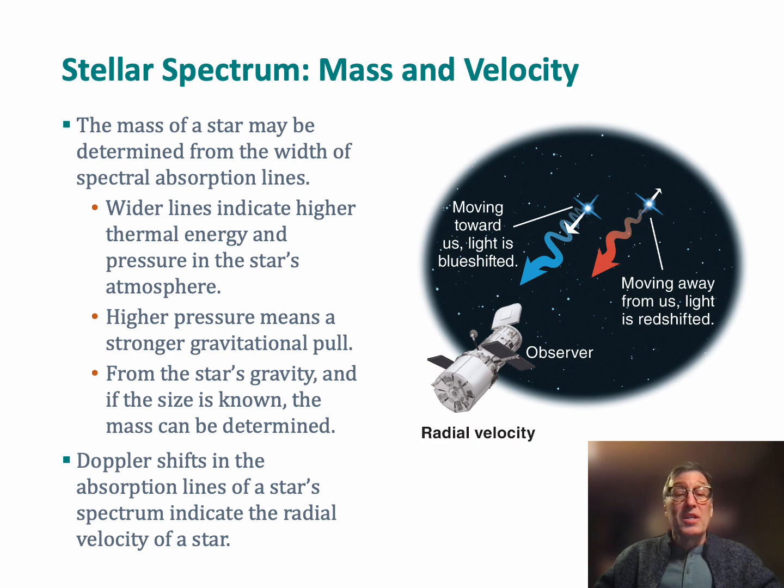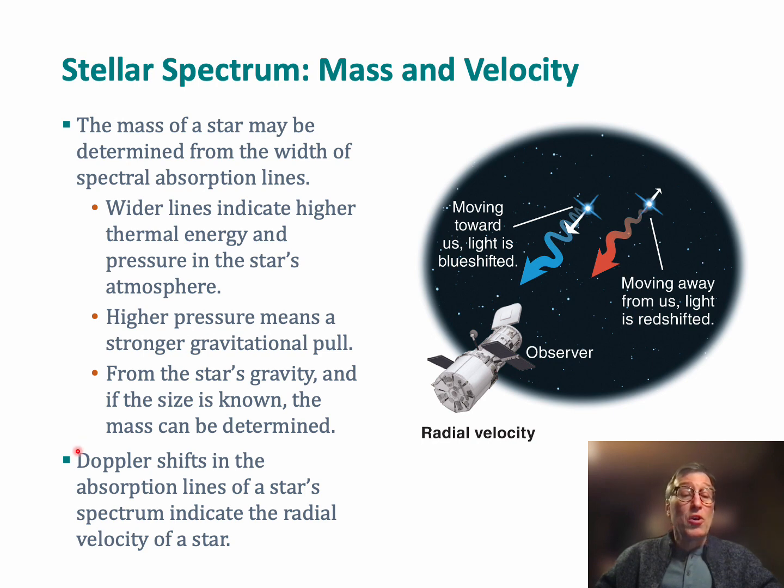That's because if the lines are wider, that means that there's more thermal energy, it's hotter, and there's more pressure, and that would only happen if the star were more massive, had a greater gravitational pull. And so by looking at the line width, we can measure the mass of a star.